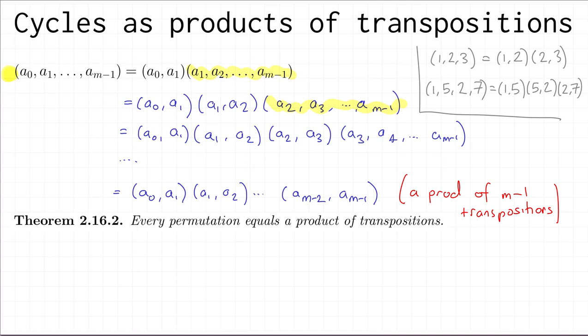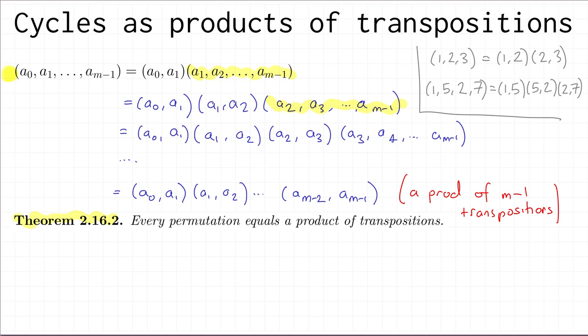So using that, we can now prove this theorem. The theorem says every permutation, not just cycles, every permutation is a product of transpositions. And we can prove this because we know that every permutation is equal to a product of disjoint cycles.